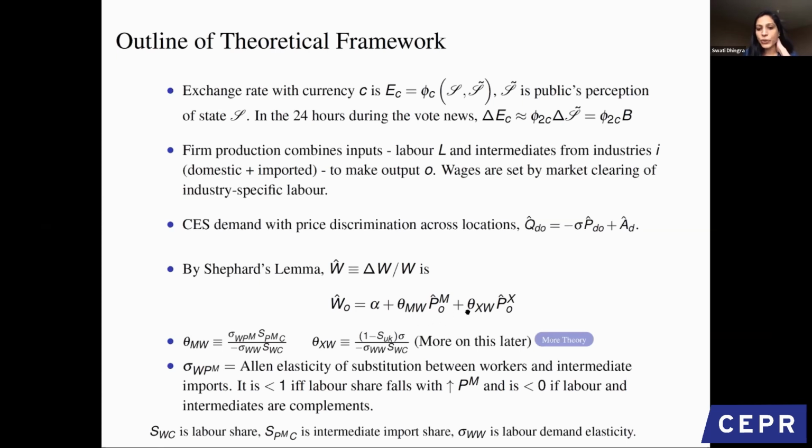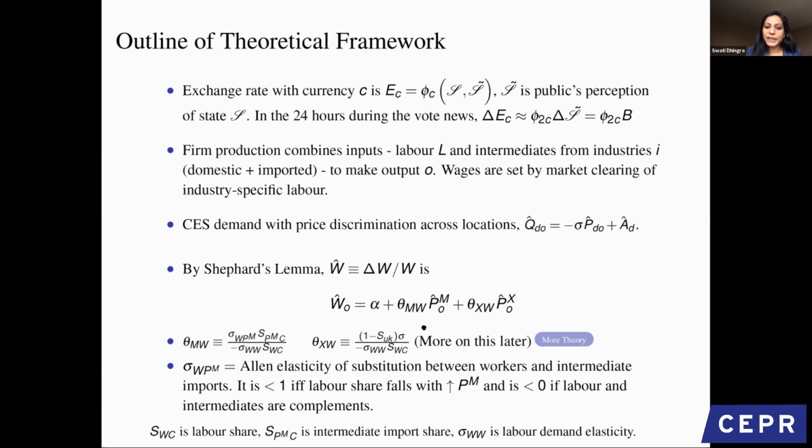And I'm also going to show you that the other elasticity, the export price elasticity, is actually about 0 during this period. It's not that this number is 0 by construction; there's just not much of a price effect or quantity effect going on the export side. And which is why we don't pick up anything here, and the paper is really going to be about identifying this elasticity of intermediate imports and wages.